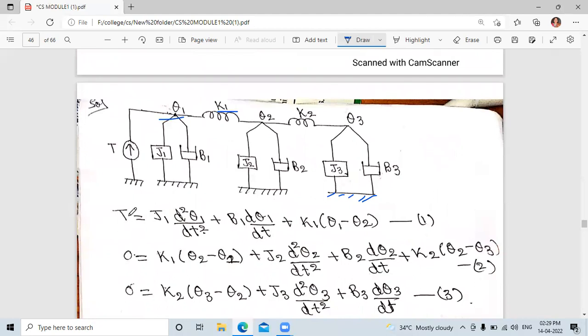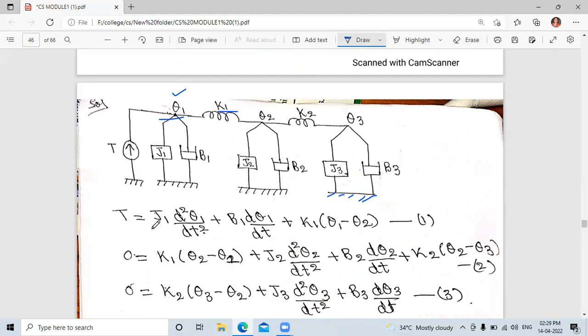Now write down the first equation, which is related to theta 1. For theta 1, what are the connections you will get? T(t) is equal to J1 d²theta1/dt² plus, instead of mass here, inertia is there.